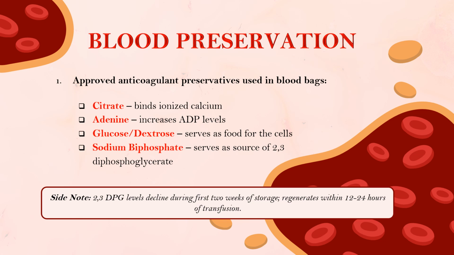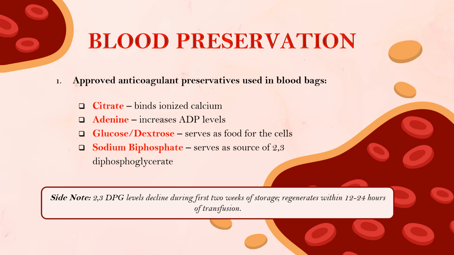And secondly, class, since these anticoagulant preservatives are already contained within blood bags, they also function to prevent blood clotting during the collection procedure. These are the exact main reasons why these are needed in blood bag units.